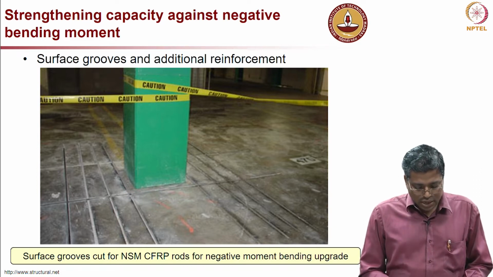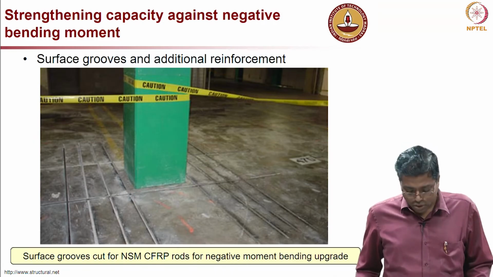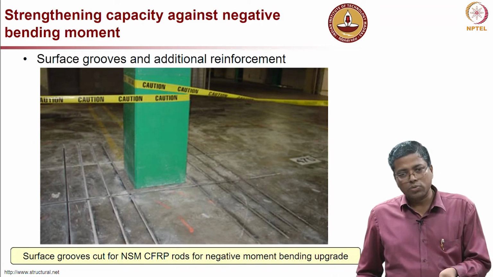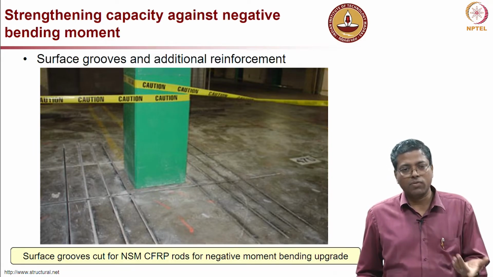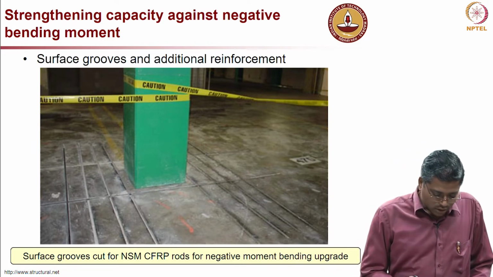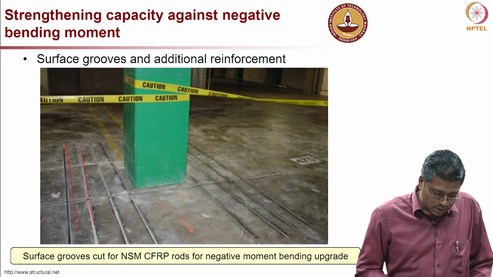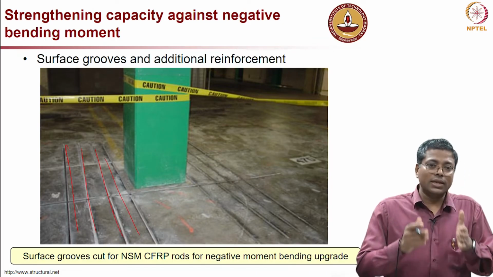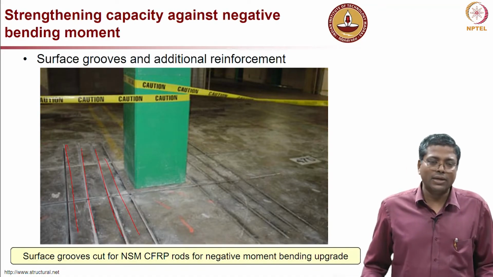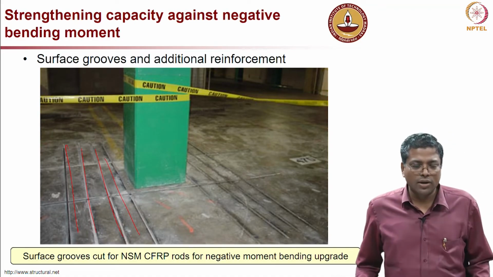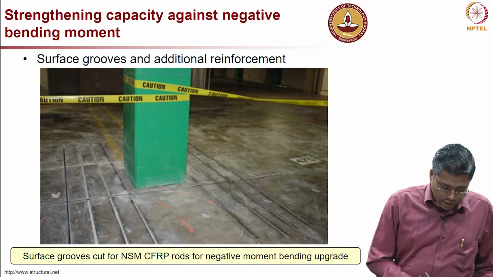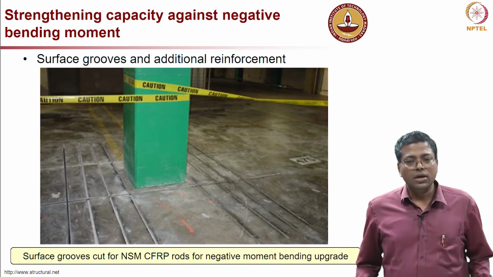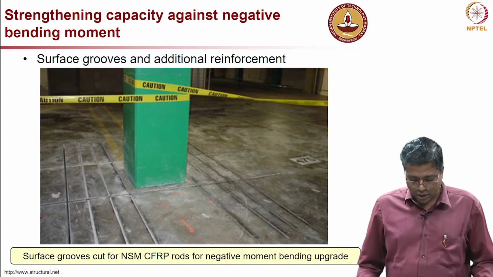Okay. Now, the other way of increasing the bending moment capacity of the joints is by providing this additional reinforcement, and because it is done on the top of the floor, you do not want these things projecting above the floor level, because then it will be a tripping hazard. So, what they do is cut grooves like this all along. You cut grooves and then insert these plates or additional reinforcement into the groove, so that after the work is done it can be flushed with the concrete surface.